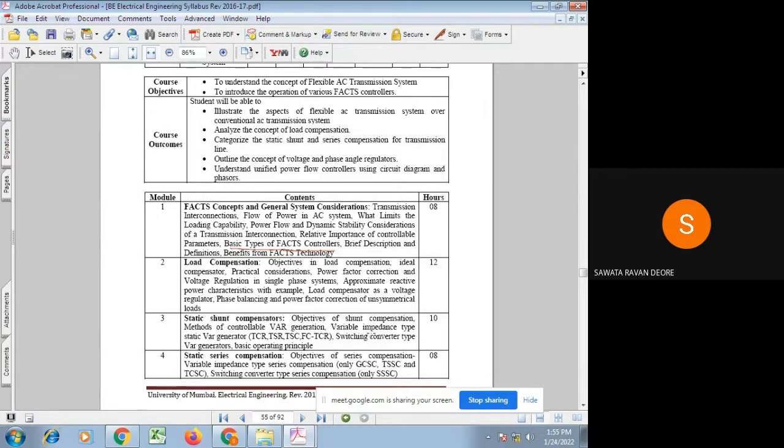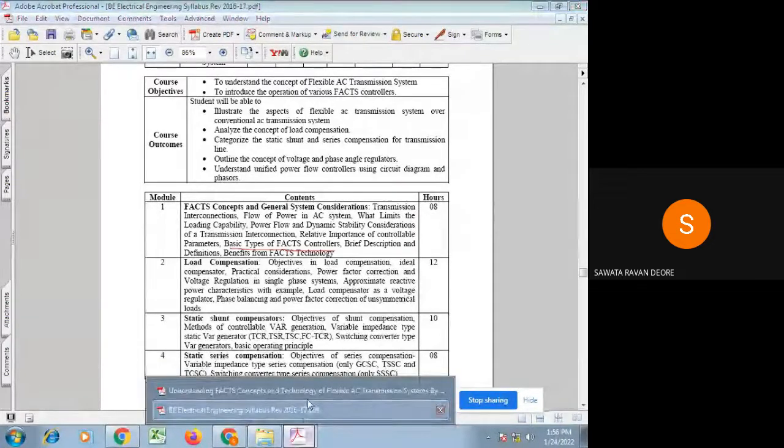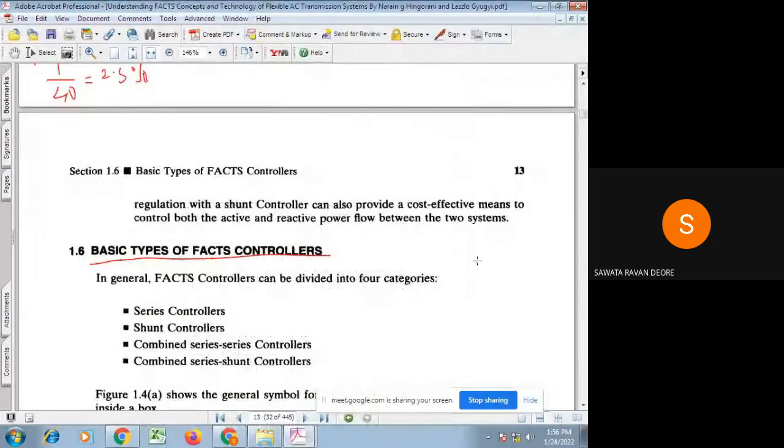If the FACTS controller is connected in series with the transmission line, then it is called a series controller. If the FACTS controller is connected in shunt with the transmission line, then it is called a shunt FACTS controller. Please try to understand what I am saying here. Suppose this is the transmission line.